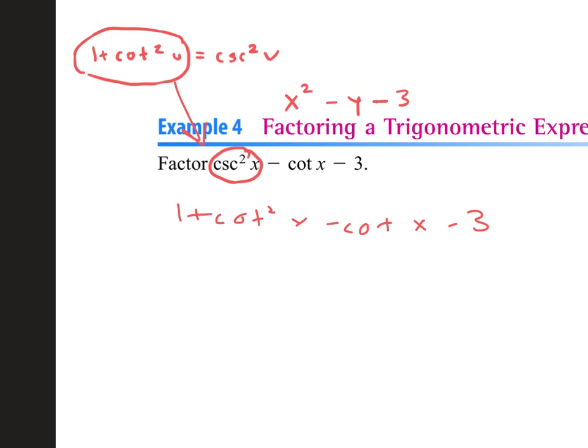What can I do to simplify this before I factor? Add like terms. So I have 1 minus 3, which gives me negative 2. So cotangent squared x minus cotangent x minus 2. All right. So what can we do next to factor this?